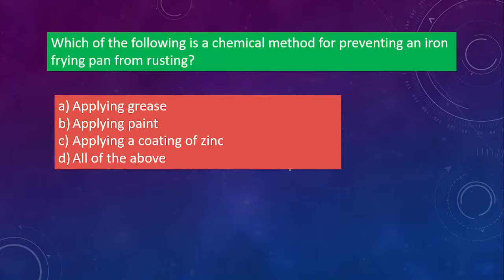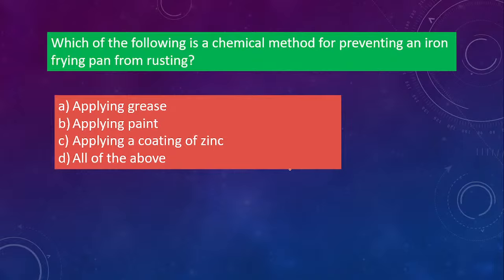Okay, British is having a different answer. For this question, you should know what will prevent corrosion, or how you will prevent rusting. What are the different methods? They're asking how you will prevent rusting, whether you take an iron frying pan or another frying pan.